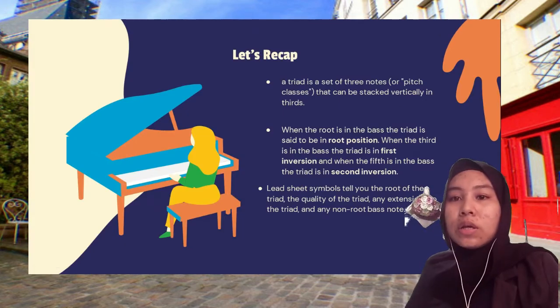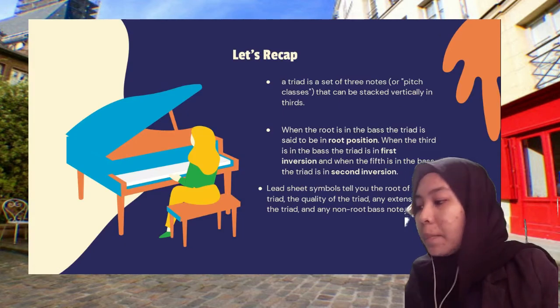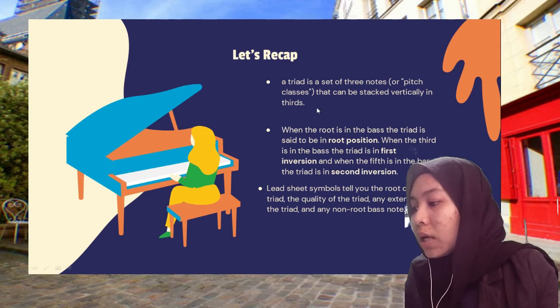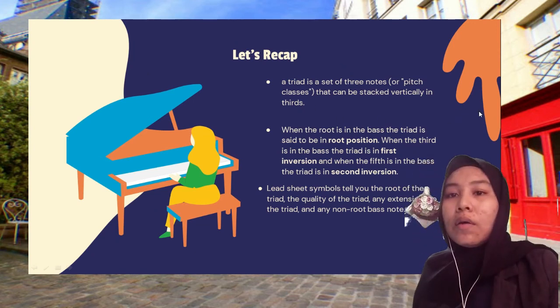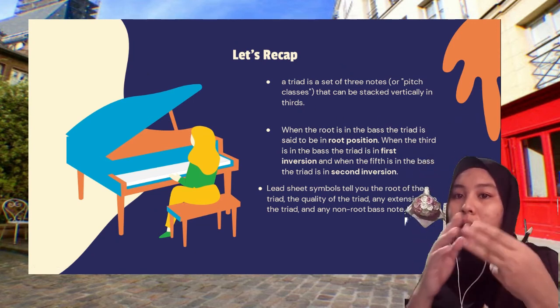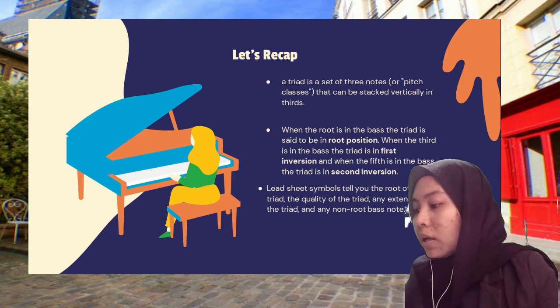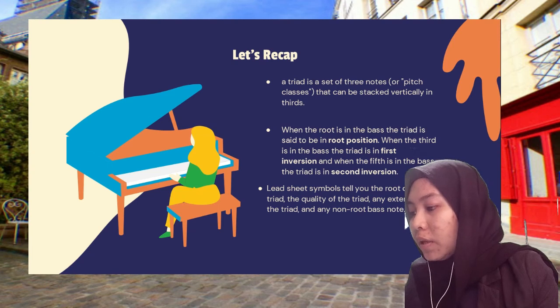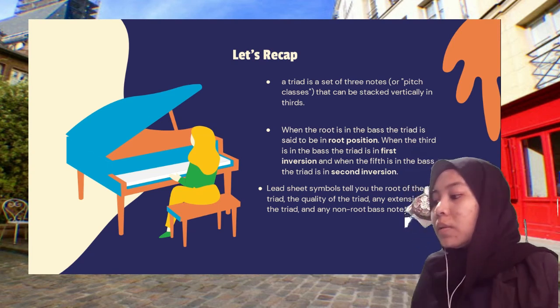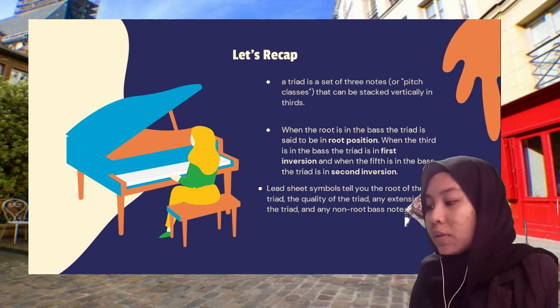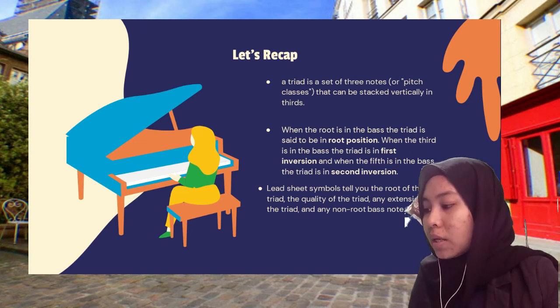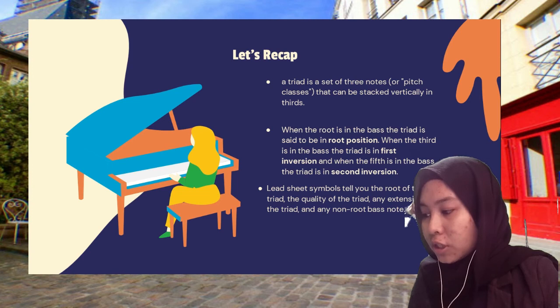Alright, so that's all. Let us recap from the beginning. The triad is a set of 3 notes that can be stacked vertically in thirds. And for the inversion, when the root is in the base, the triad is said to be in root position. When the third is in the base, the triad is in first inversion.